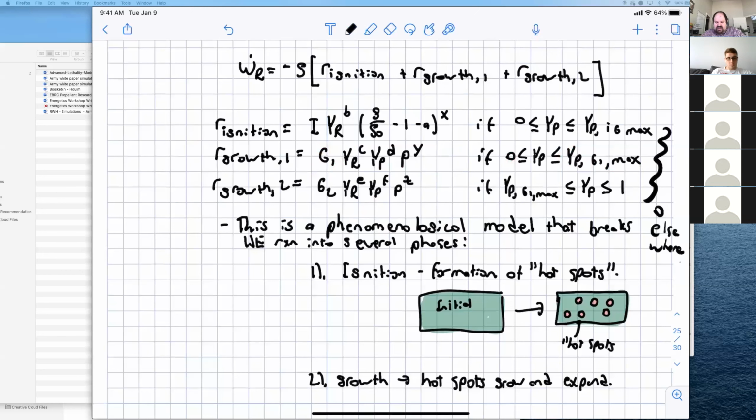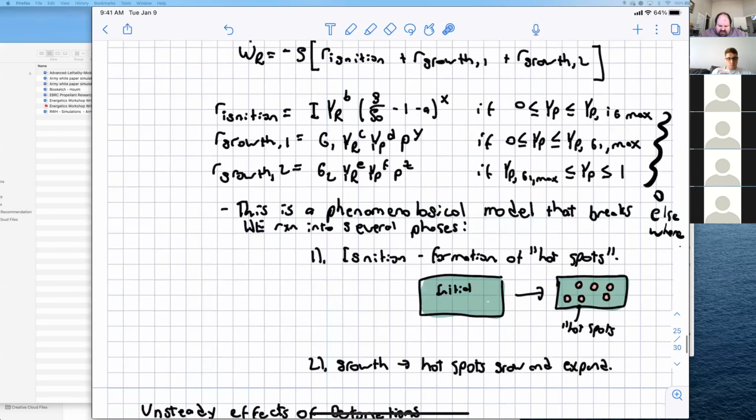Okay, and so basically it first ignites, then it grows in stage 1, then it grows in stage 2. Does that make sense? Yes, that makes sense. Thank you. Yep. And so you'll see this one being used quite often in sort of more detailed DNS style work.